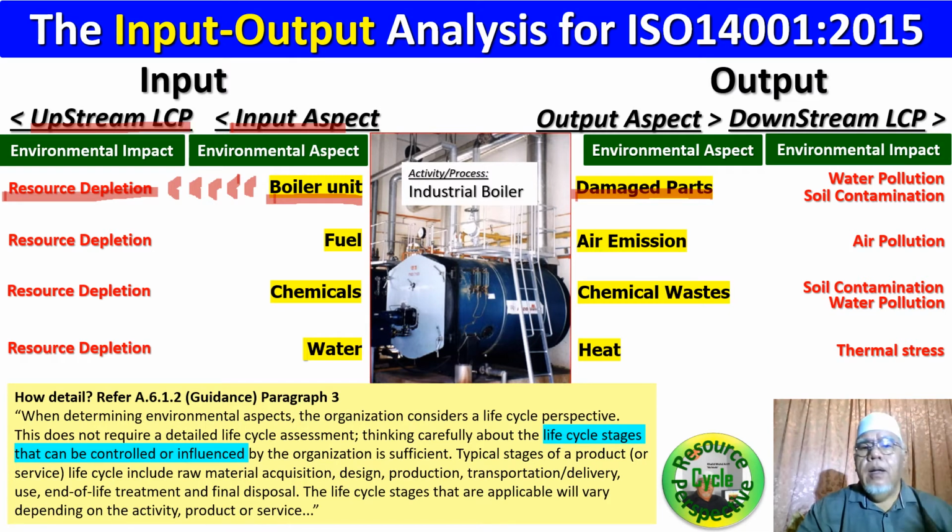Okay, and it causes an environmental impact. How? Let's take a look. Since it is an output environmental aspect, in order to determine its associated environmental impact we look at its life cycle perspective downstream. What happens next?